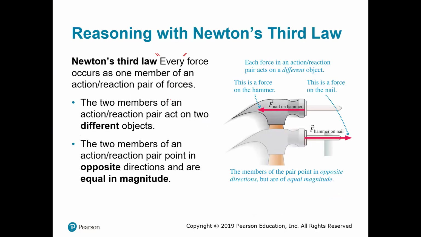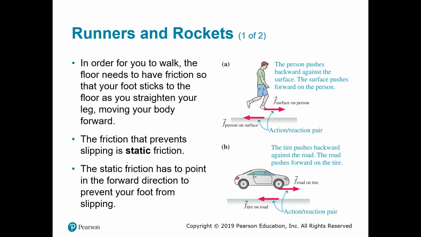Okay, so the magnitude is equal and the direction is opposite, right? For example, when you walk, you apply force, and you move forward because the surface of the earth actually applies force on you. And at the same time, you apply force backward on the earth.